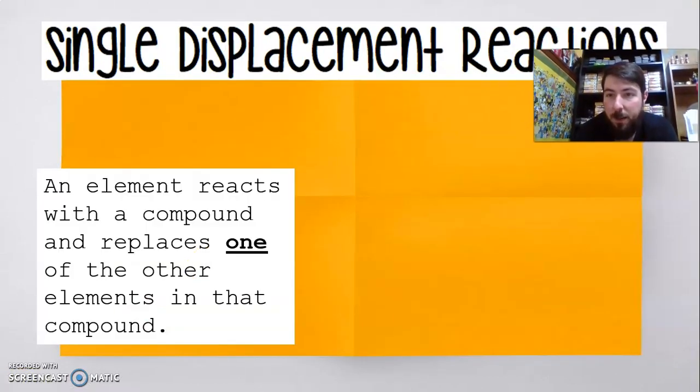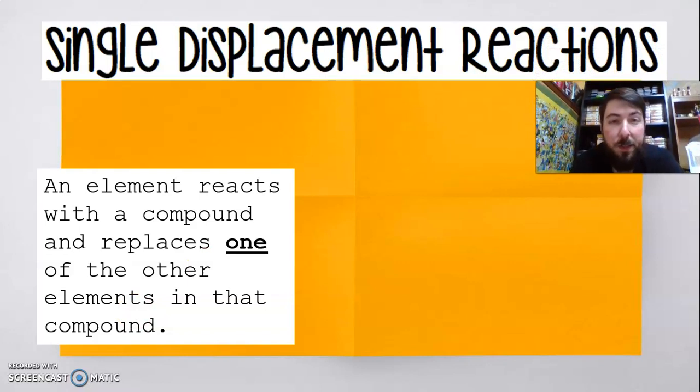The next one is called single displacement or single replacement. And what that is, if we have one element and then we have a compound, so a compound made up of 2 elements, what's going to happen is the single element is going to react with one of the elements in the compound, and it's going to kick one of the elements out.